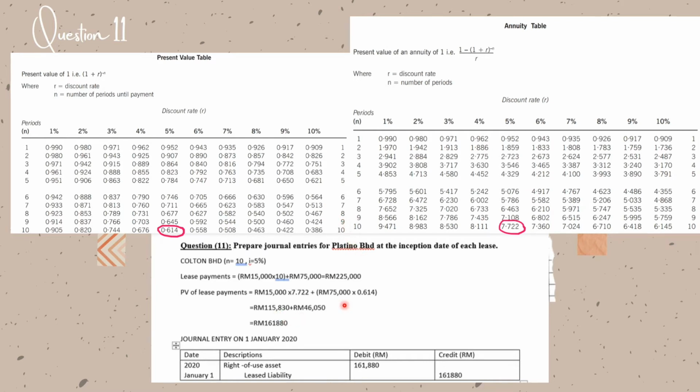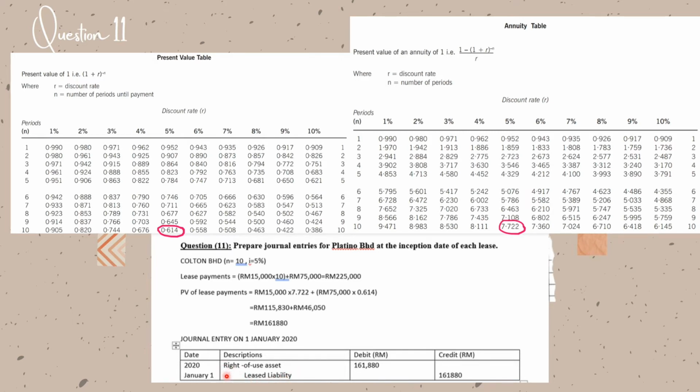Then we must take the purchase option, which is 75,000, multiplied by 0.614. We got it from the present value table. After we got the amounts, we need to add them. So we got 161,880. So the journal entry on 1st January 2020 is as follows.